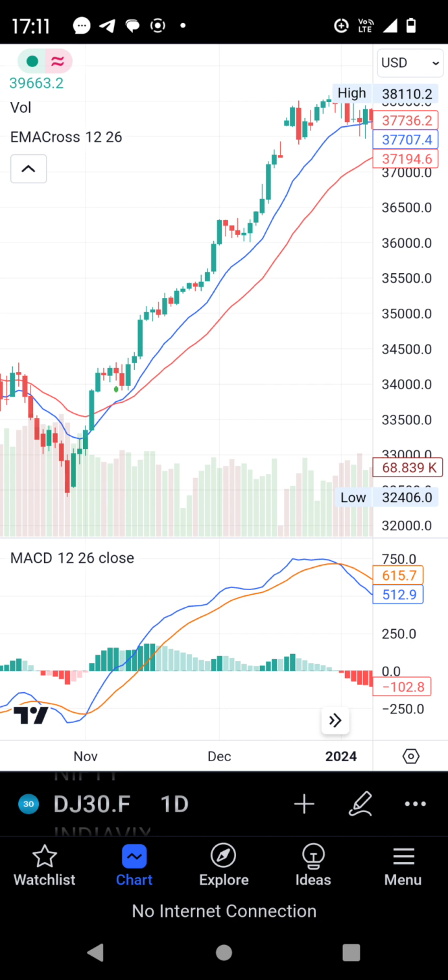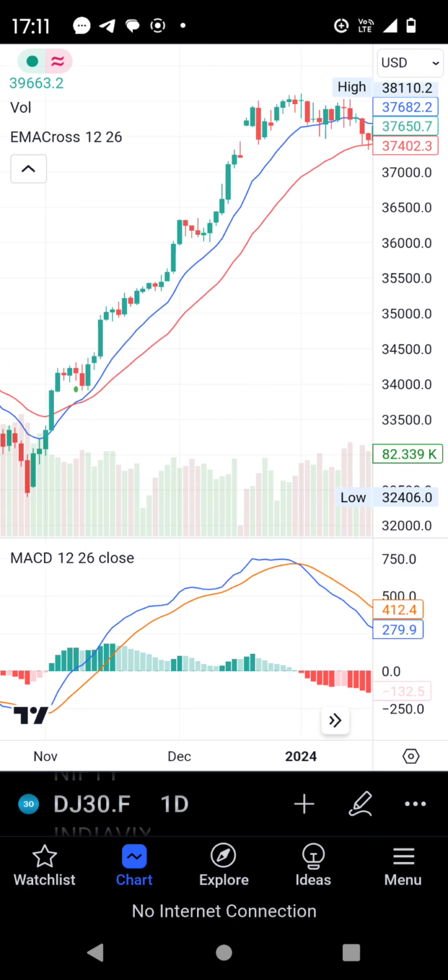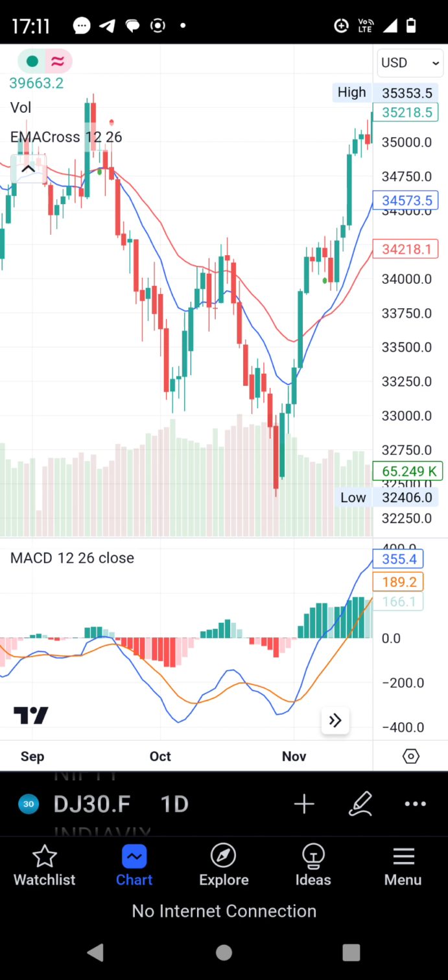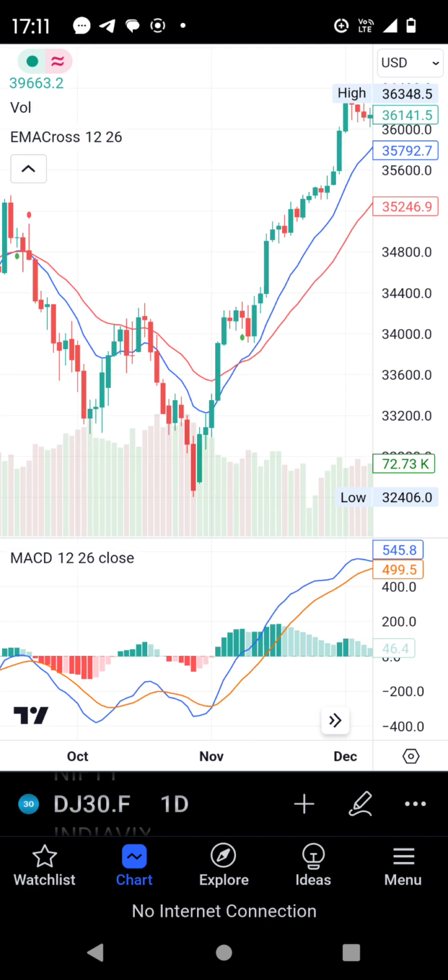Okay, so MACD above 0 indicates uptrend, MACD below 0 indicates downtrend, but that will not happen all the time. Generally 60 to 70% of the time that will be there. That is, MACD above 0 indicates an uptrend and MACD below 0 indicates a downtrend.